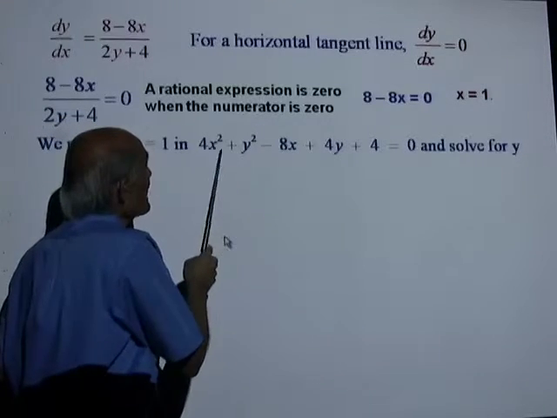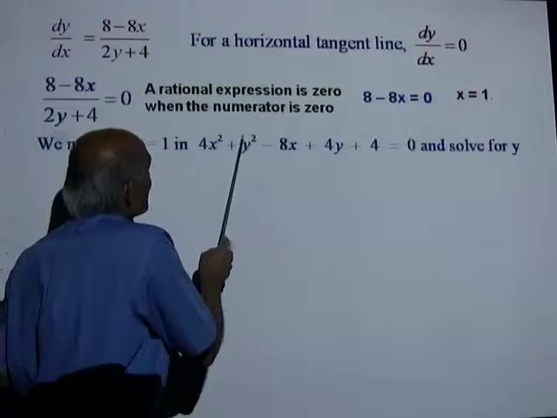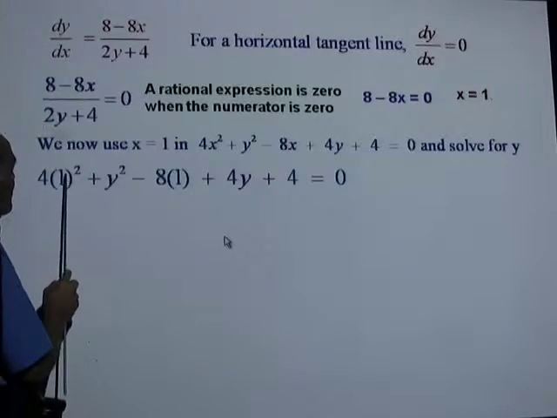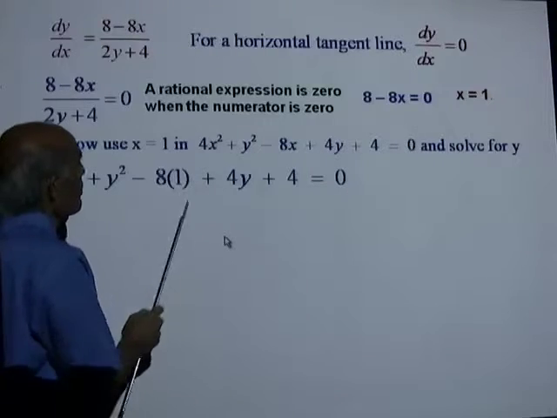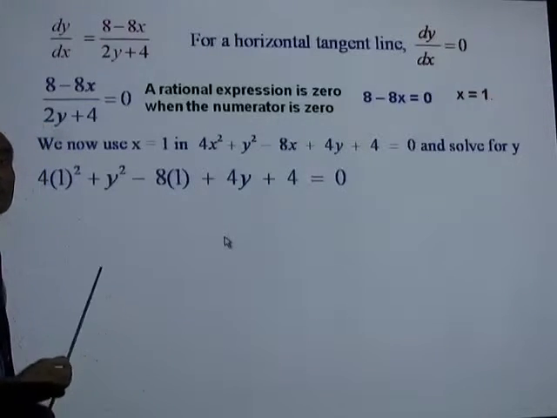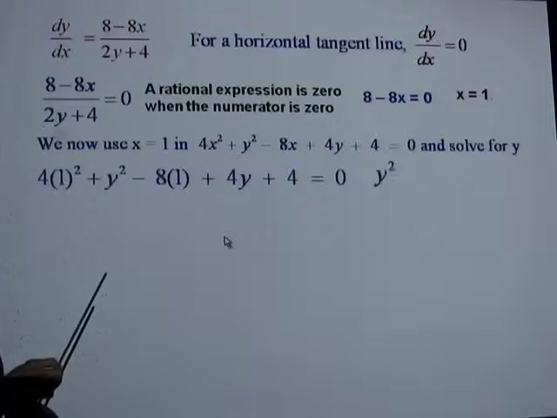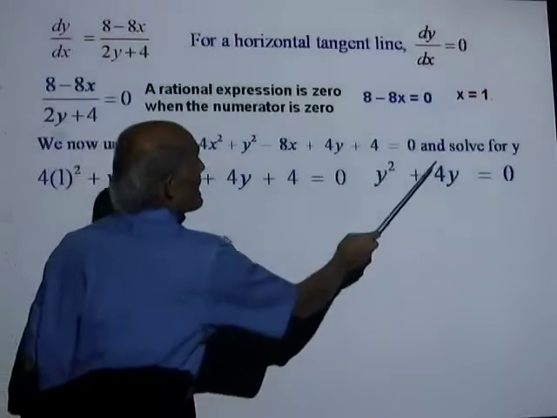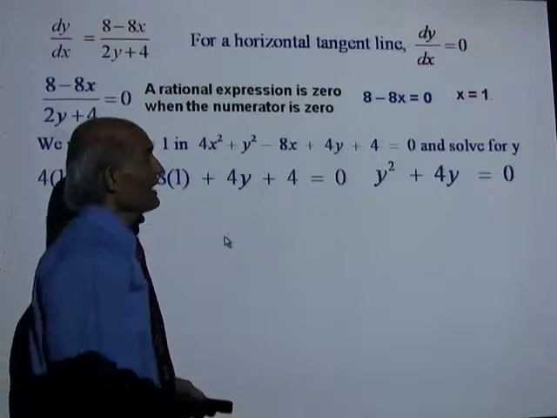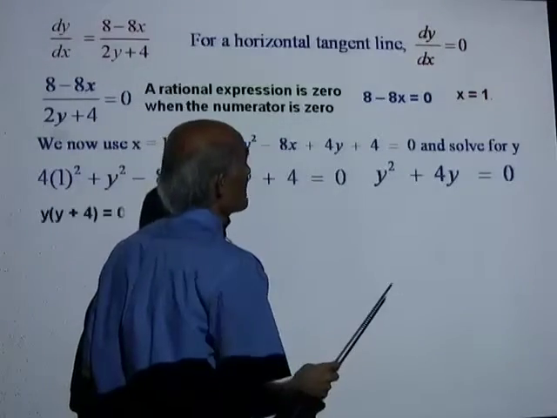Put x equal to 1 in here and then solve for y. So I have replaced all x by 1, and can you now rewrite this equation? It'll be a quadratic. You get y squared plus 4y equal to 0. And solve for y from there.